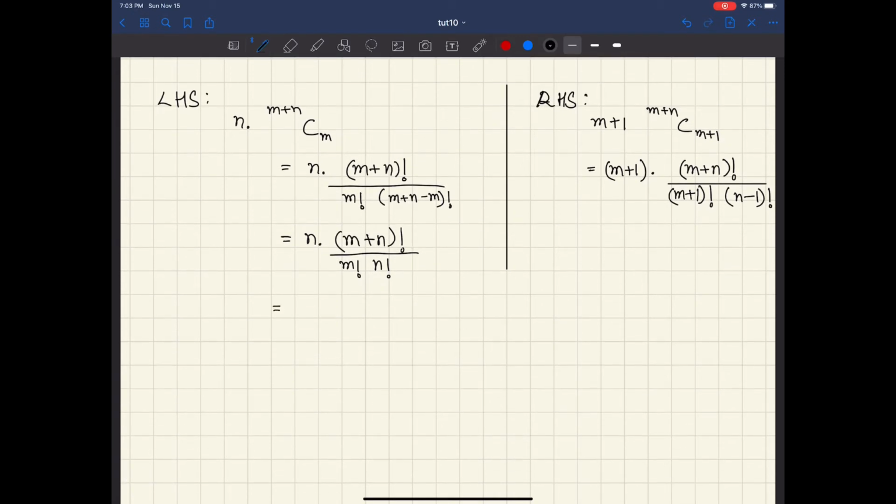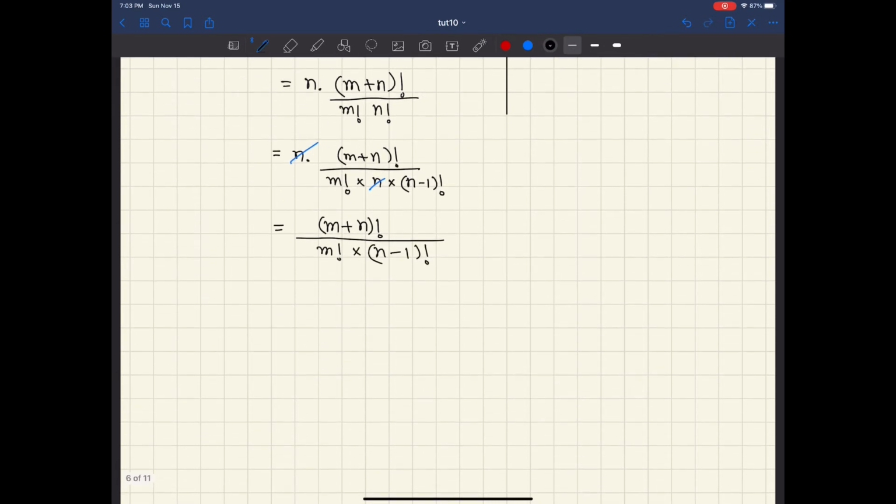Now, coming back to the left-hand side, we'll solve it further. In the denominator, n factorial can be rewritten as n times (n minus 1) factorial. Now, these n's cancel out, which leaves us with (m plus n) factorial over m factorial (n minus 1) factorial.